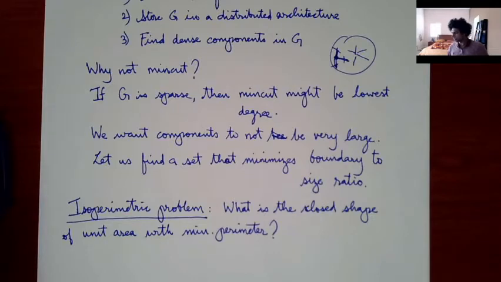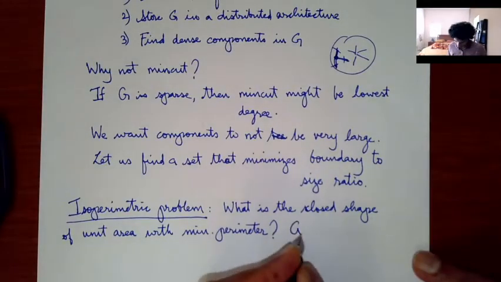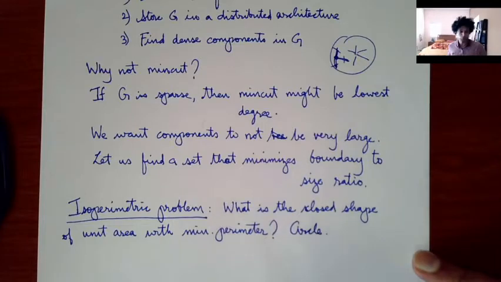A circle? A circle, exactly. The proof is non-trivial. It was actually proven, I think officially proven 2,000 years after it was first posed. It was posed by the ancient Greek geometers and they guessed the answer. But the proof required more mathematics.